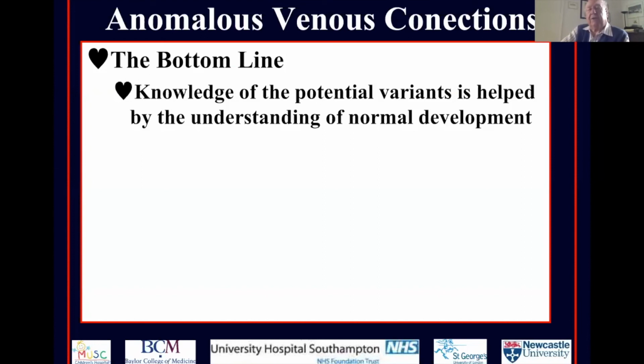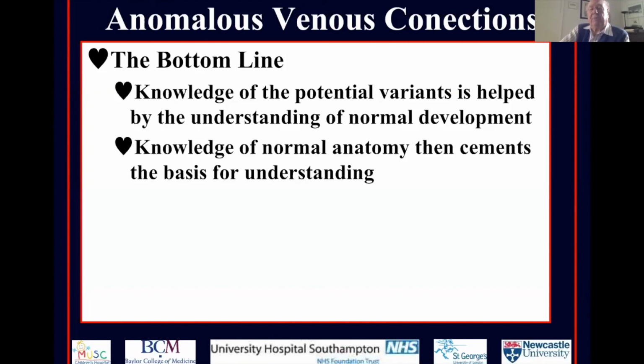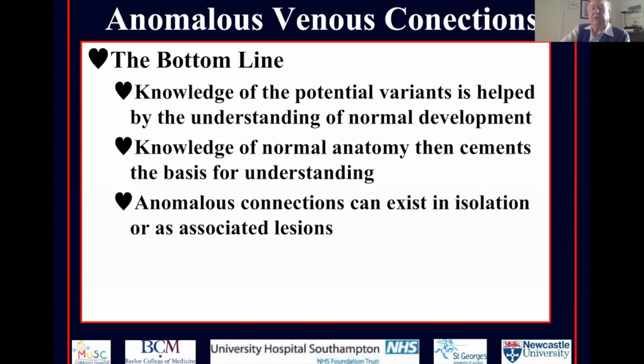There's a lot to get on board. But what I hope I've shown you is that if now you understand the normal development, that gives you the basis for understanding all these potential variants. Also, you need to take into consideration normal anatomy, key to distinguish between usual arrangement and the finding of isomerism.